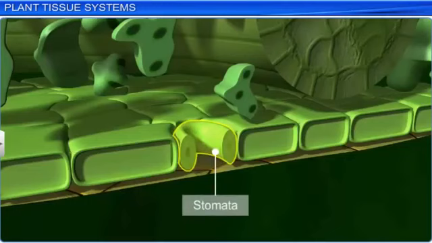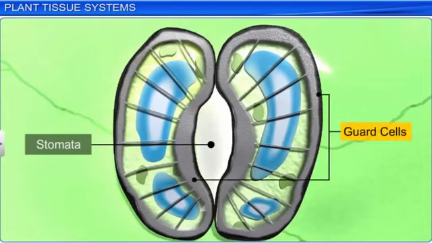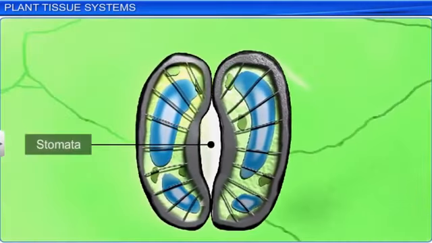Stomata are present in the epidermis of the leaves. They regulate the process of transpiration and gaseous exchange. Each stoma consists of two bean-shaped cells called guard cells. Guard cells contain chloroplasts and regulate the opening and closing of a stoma.